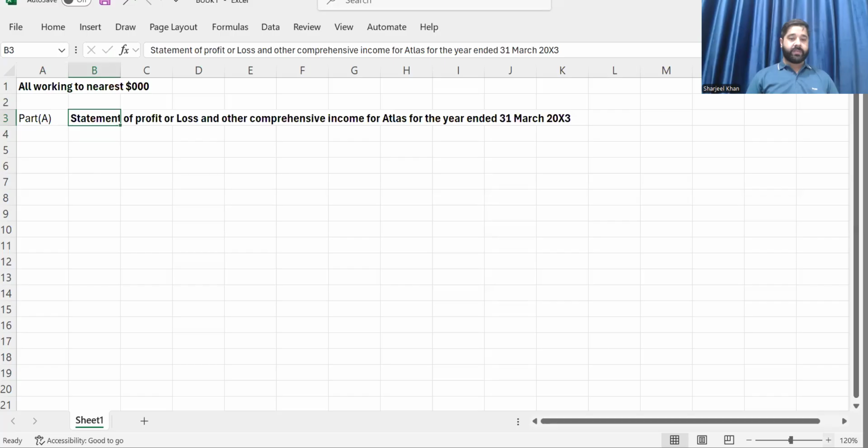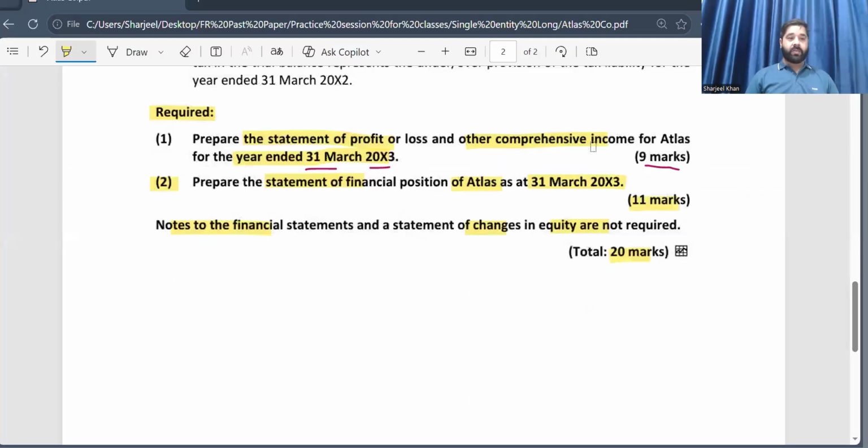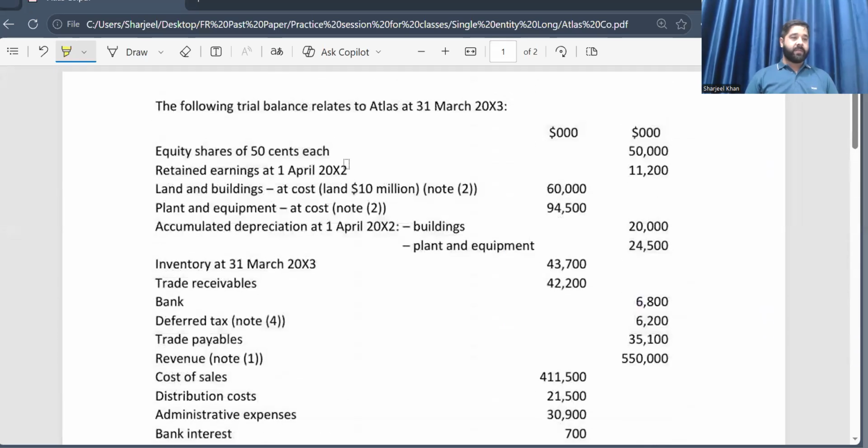Let me double check. Statement of profit or loss and other comprehensive income for Atlas for the year ended 31st March 20x3, right? Now let's move towards the trial balance. The following trial balance relates to the Atlas at 31st March 20x3.